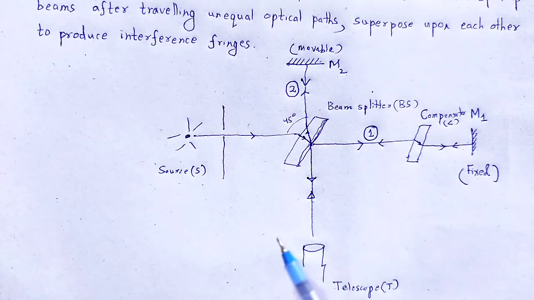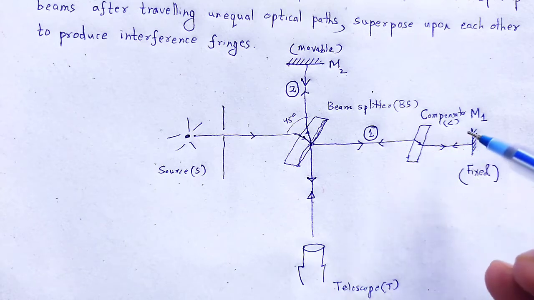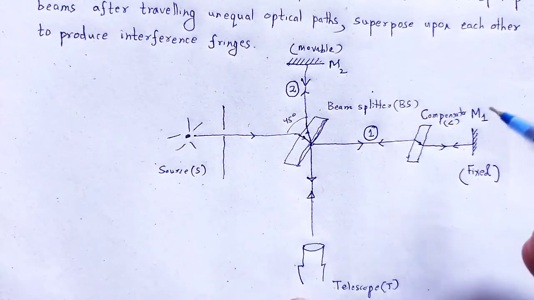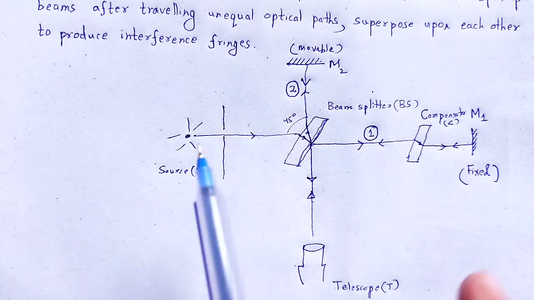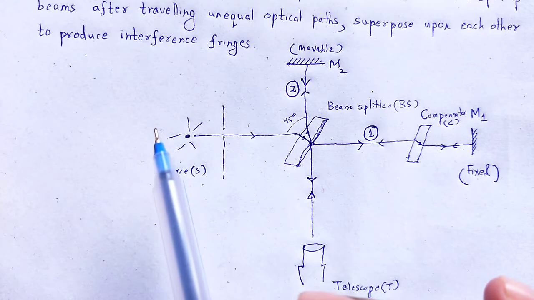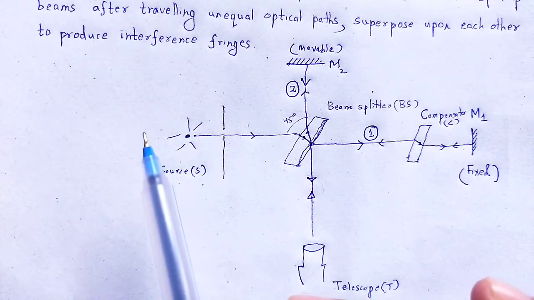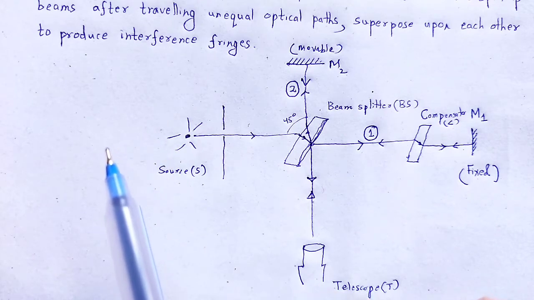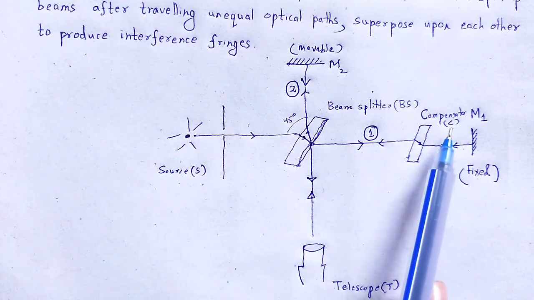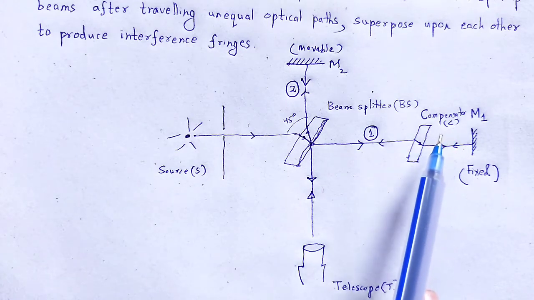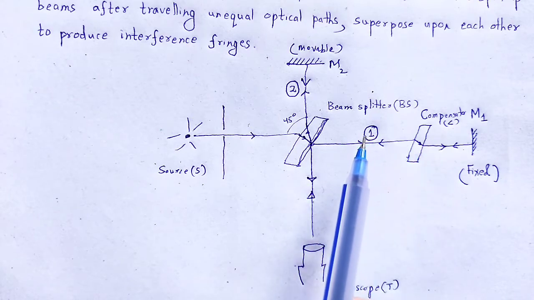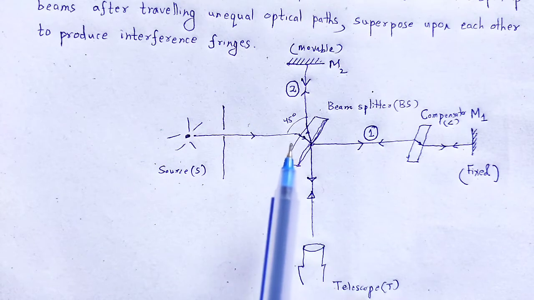Now come to the topic: why do we use the compensator C? Look here, the source is extended, and we can use either a monochromatic source or white light. The purpose of the compensator C is to provide equal path length in glass for the two beams.